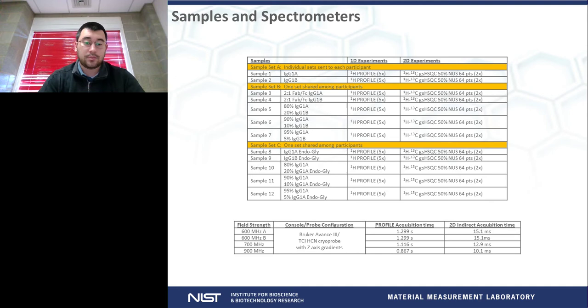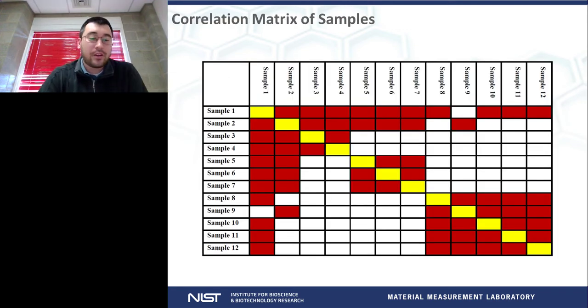Now, all of these spectra were collected on the list of NMR spectrometers that you see at the bottom. And we were able to take that data and find out some interesting things, which I'm going to start showing you in just a couple slides.